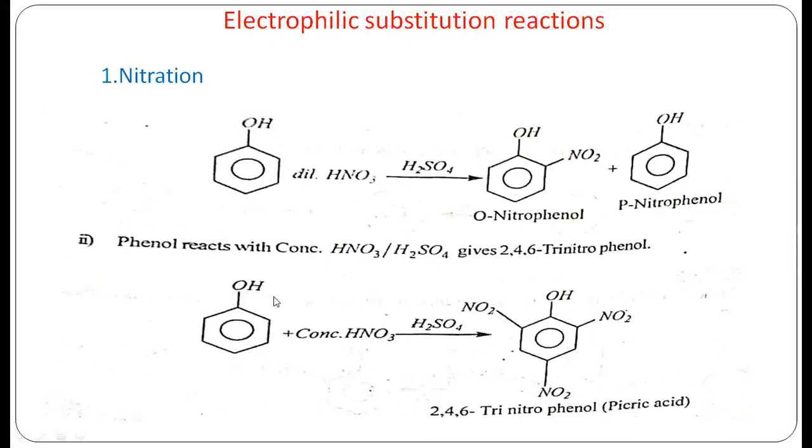Why? Because the OH group is a highly electron donating group, so more electron density is present at the ortho as well as the para positions. In the presence of concentrated nitric acid, a strong electrophile is generated that attacks at the ortho and para positions, which generates 2,4,6 trinitrophenol. Its common name is picric acid.